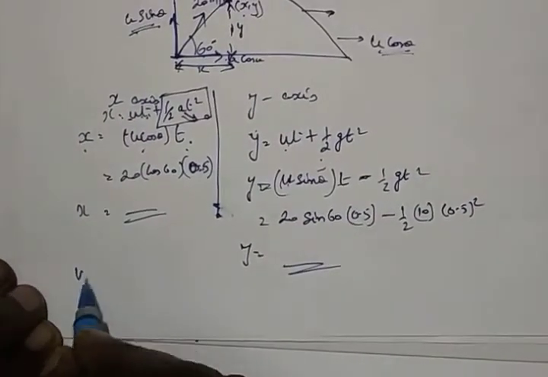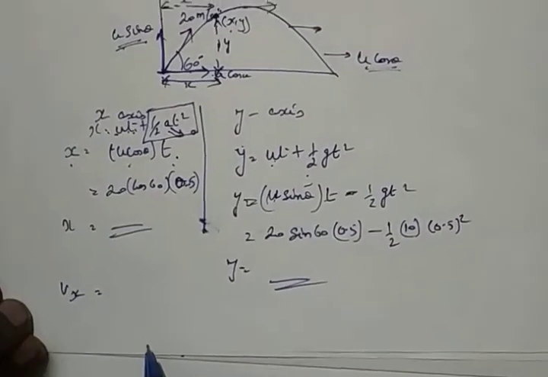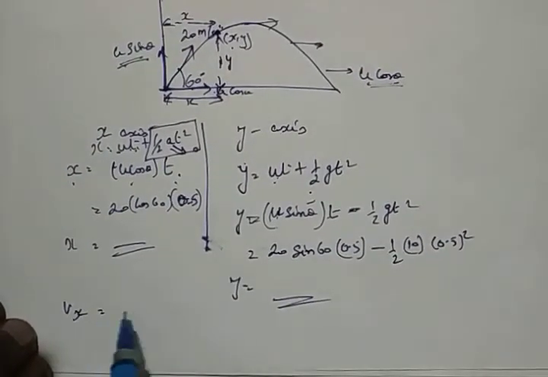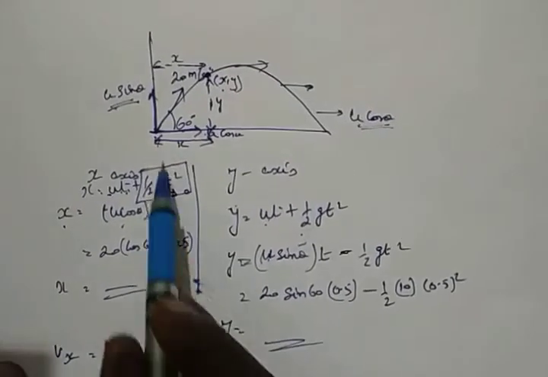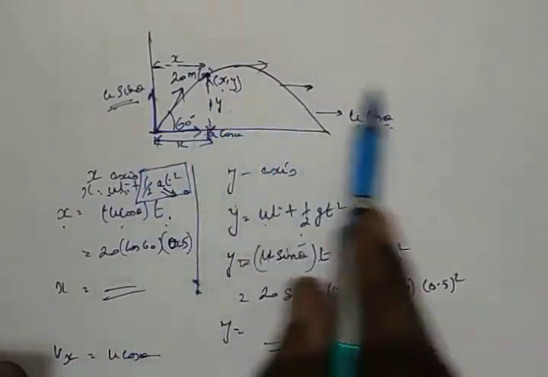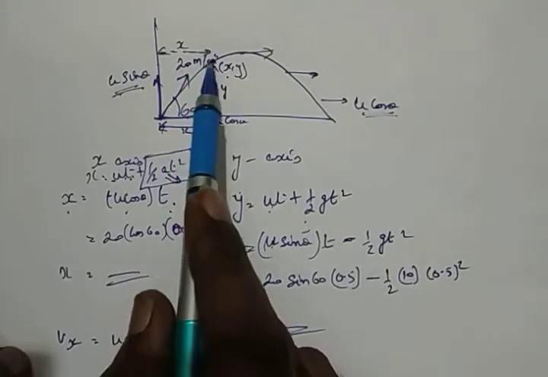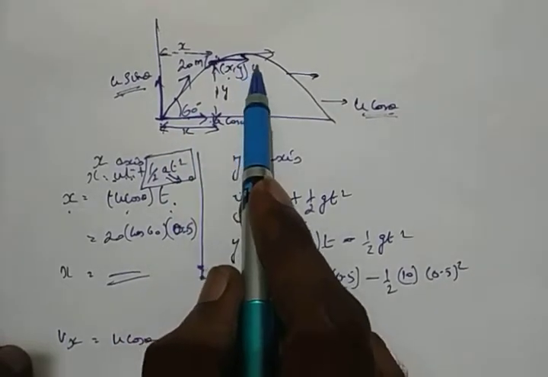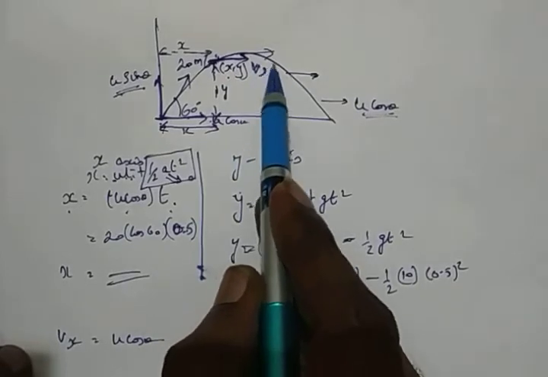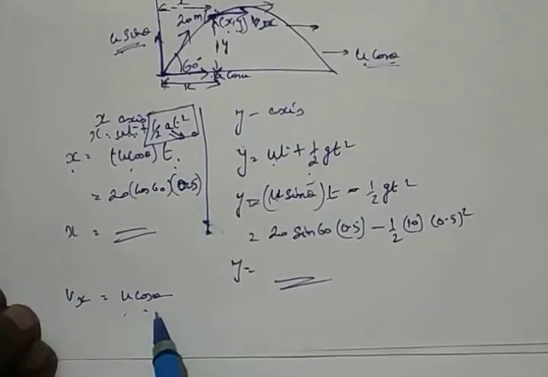The final velocity along x, Vx, remains the same because it is just u cos theta only, because the velocity along the horizontal remains the same. It doesn't change. So here Vx is equal to ux itself, that is u cos theta.